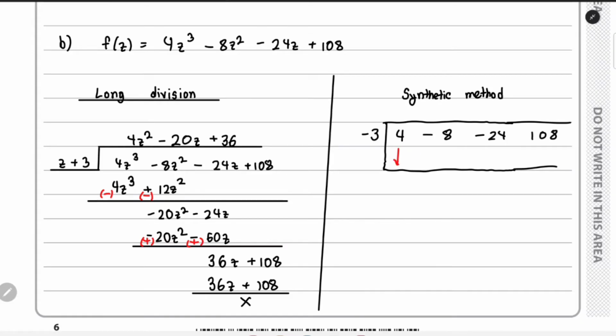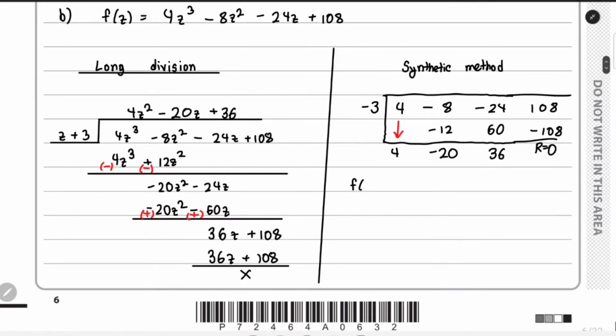So if I bring down 4, this is 4 times minus 3 is minus 12, minus 8 minus 12 is minus 20, so 4 minus 20, minus 20 times minus 3 is plus 60, so 60 over here, 60 minus 24 is 36, and 36 times minus 3 is minus 108, 0 is the remainder over here.